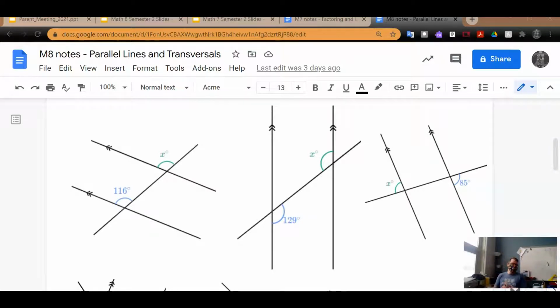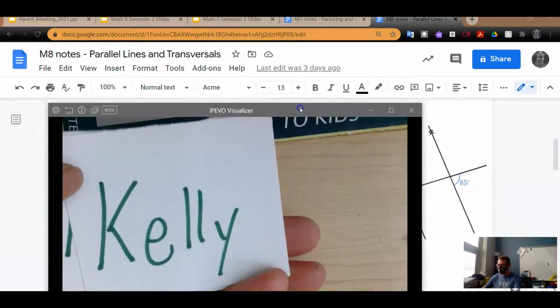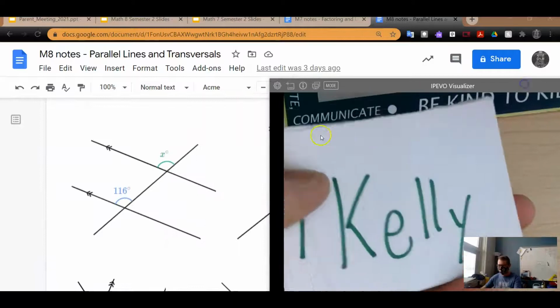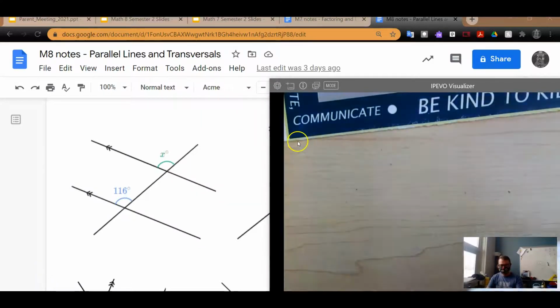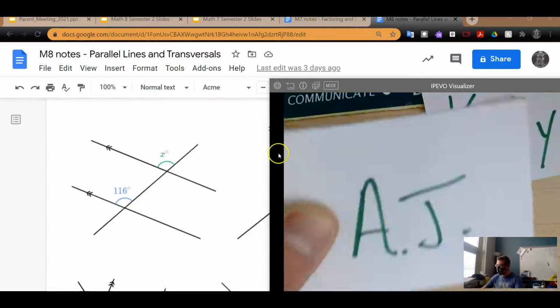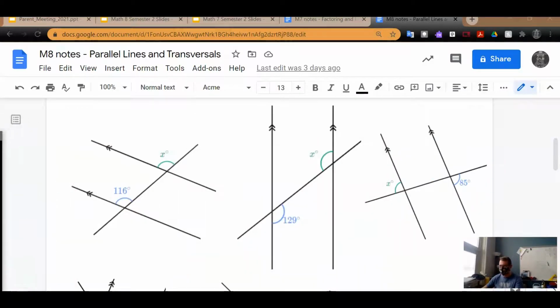All right, Ben, your card's on top. Tell me when to stop shuffling. Stop. Kelly, what is the measure of this angle X? It is 116. AJ, you are next. See, I'm not lying. What is the angle of X in the middle set here?